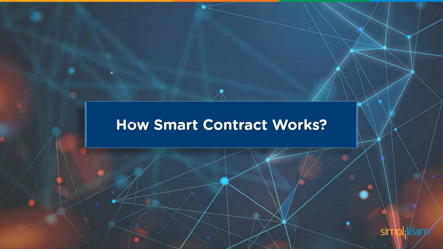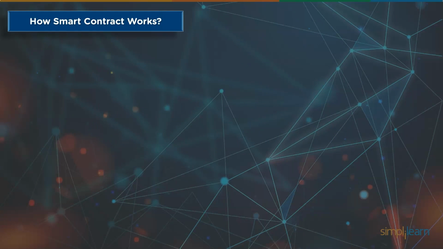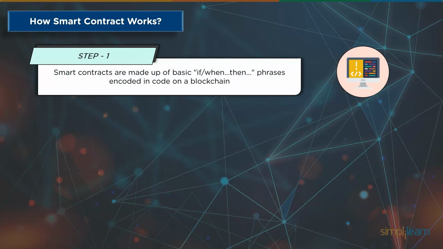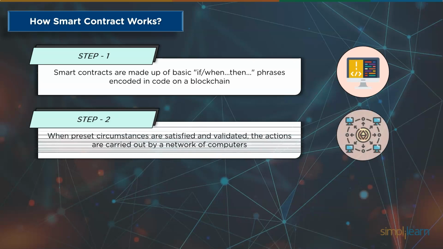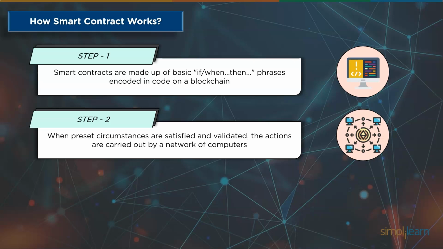Step 1, smart contracts are made up of basic if, when, then phrases encoded in code on a blockchain. Step 2, when preset conditions are satisfied and validated, the activities are carried out by a network of computers.